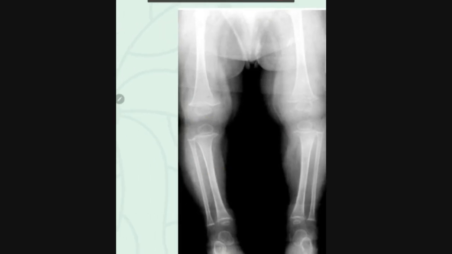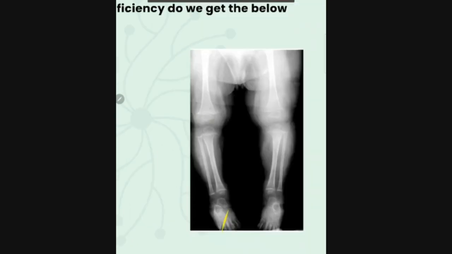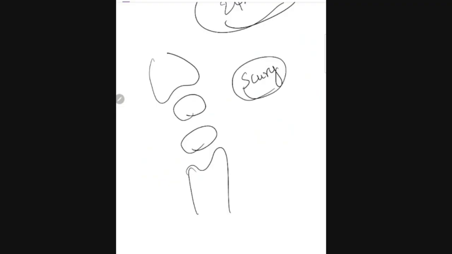Keenly notice this part. If you notice this part, you have two ring-like things. That is nothing but Wimberger ring sign. Wimberger ring sign, where do I get? Wimberger ring sign I get in scurvy. Around the ossification center of the epiphysis, I just have a bleeding.